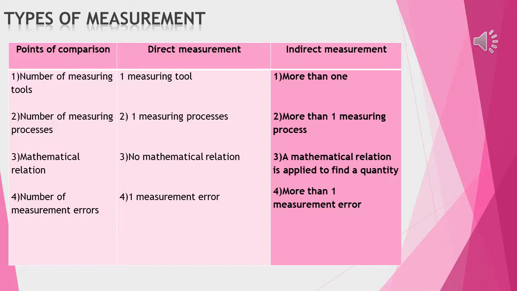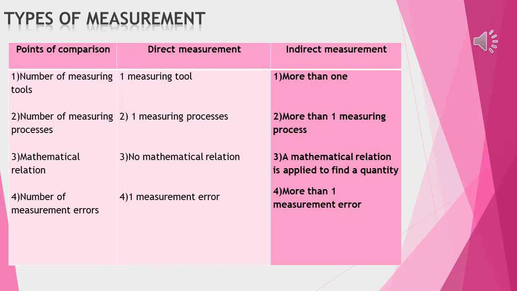So indirect is more than one tool. Number of measuring processes. The direct process is just one measuring process because I put the hydrometer inside the water and measure the density. So it's just one measuring process. Indirect is more than one measuring process.